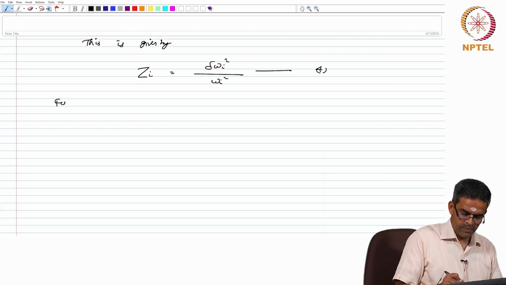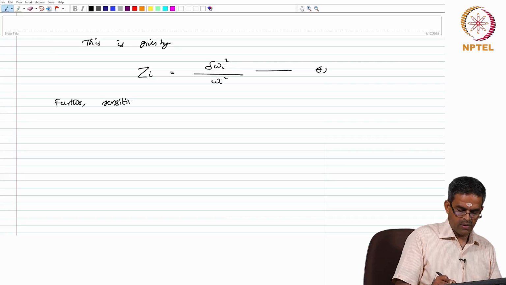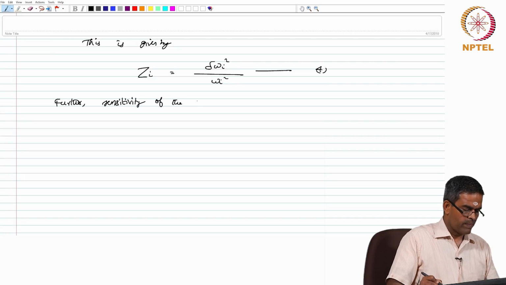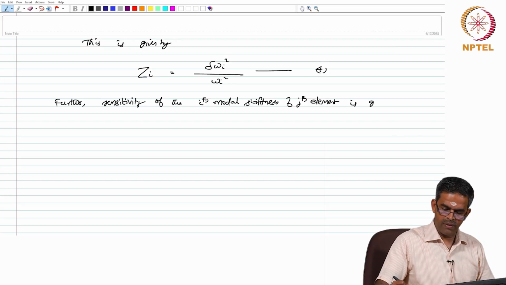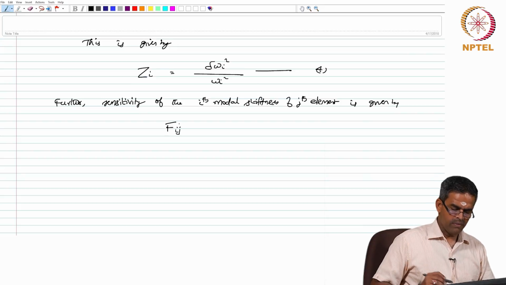Further, sensitivity of the ith modal stiffness of jth element is given by F_ij, which is K_ij by K_i.